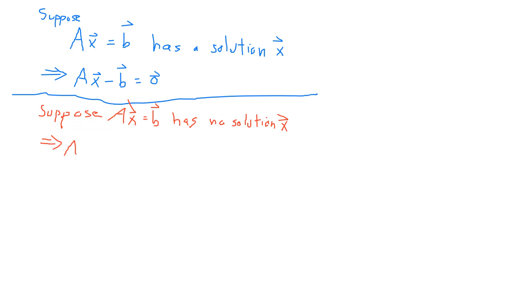What does that imply about the difference between the vector Ax and b?